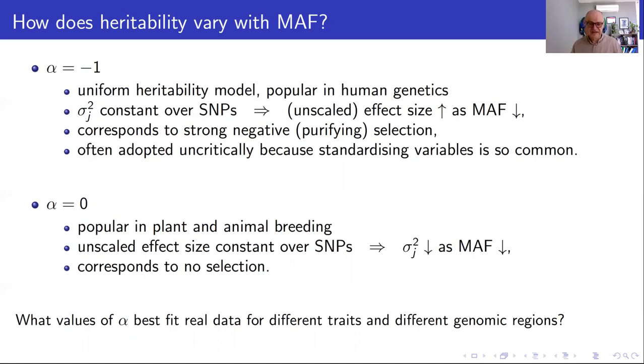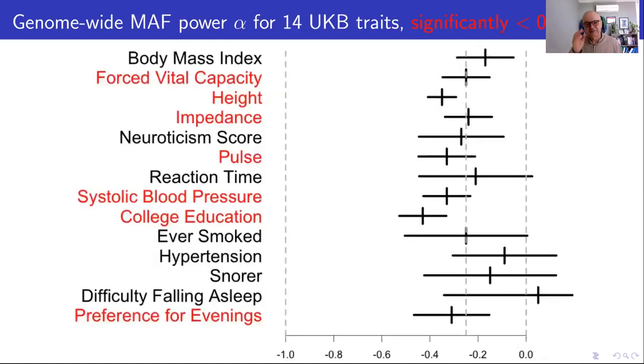So they assumed effect size constant over SNPs, which means the heritability decreases as the MAF decreases, and constant effect size, that's unscaled effect size, corresponds to assumption of no selection, because it's selection that has differential effects on different MAF. So obviously then the question is now, well, which of these alpha values is better, or is there some different value? And we answered that most recently in our 2020 paper.